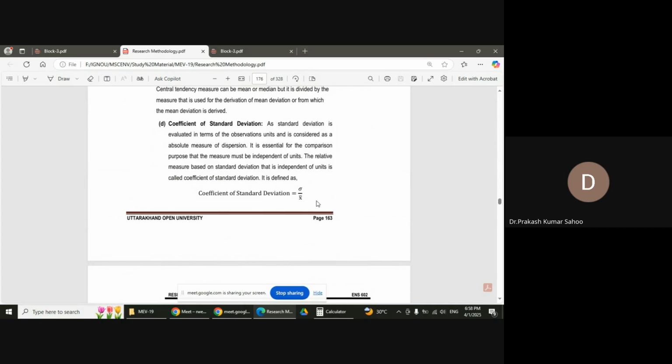Standard deviation is sigma, and x bar is the mean or average value. Then your coefficient of standard deviation is sigma by x bar into 100. And this measure is also known as coefficient of variance, that is CV. So coefficient of standard deviation or coefficient of variance is standard deviation divided by mean into 100.